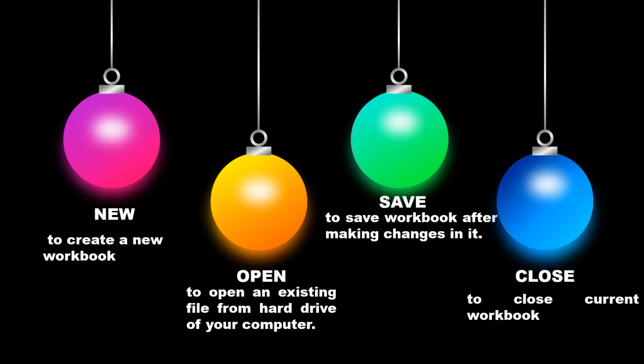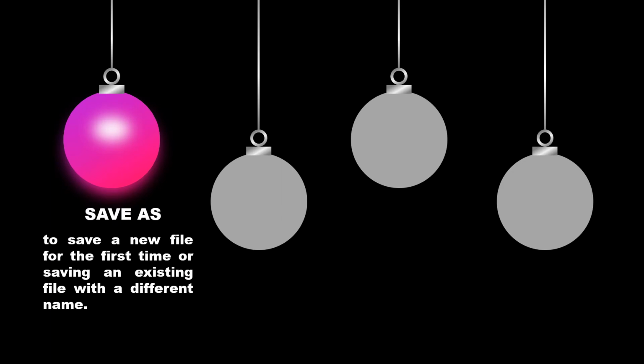The fourth option is the Close option. After working with the current workbook, we can close it after saving. The Save As option is used when a file is saved for the first time.